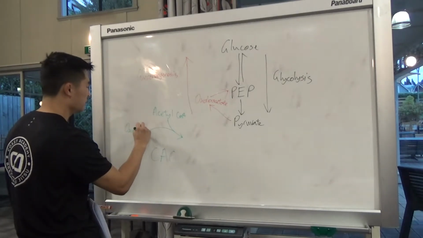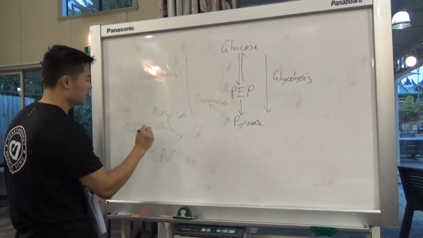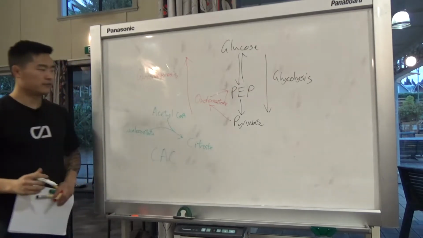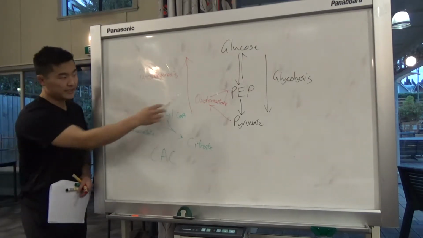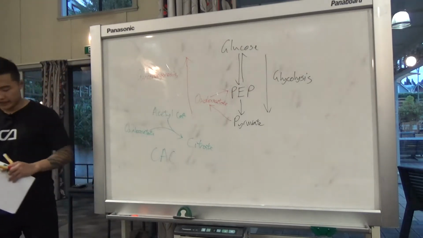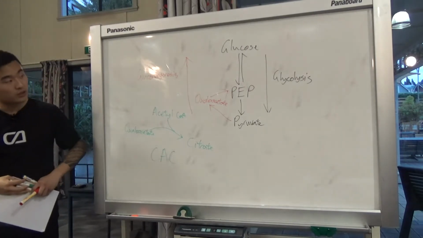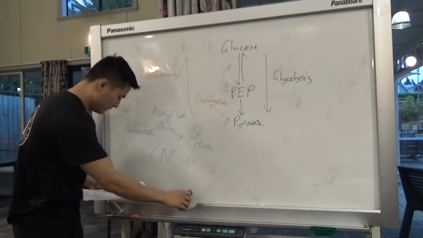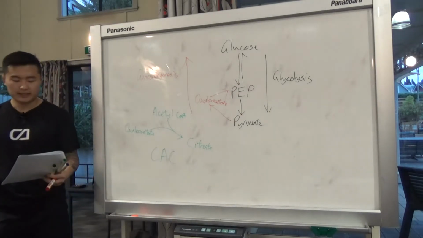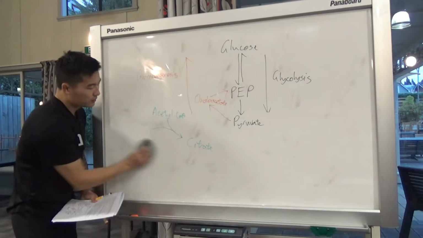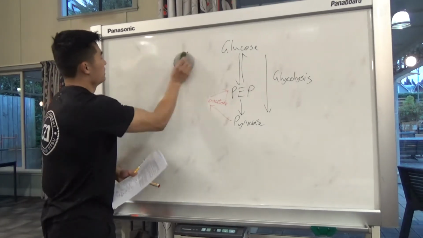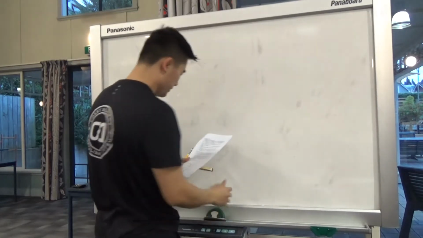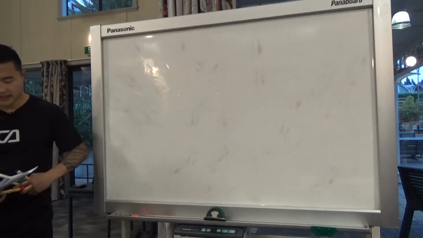That was oxaloacetate, and it became citrate, right? So this is the same thing here. And you'll see why that's important later on. So we'll just look at that diagram.